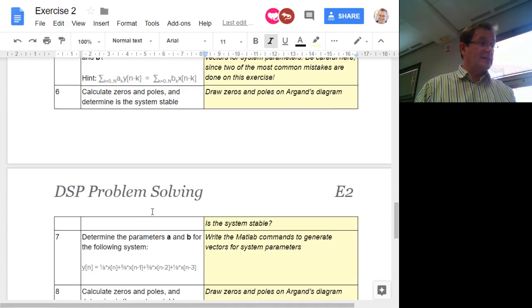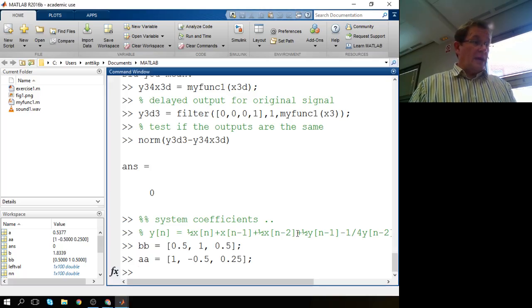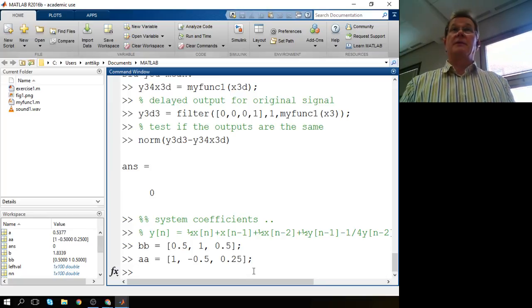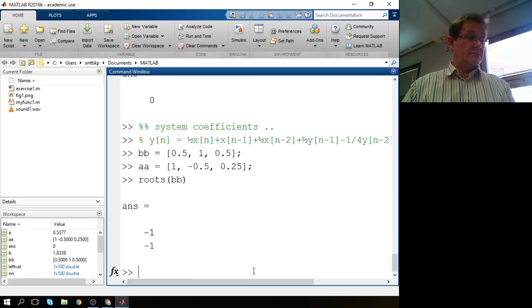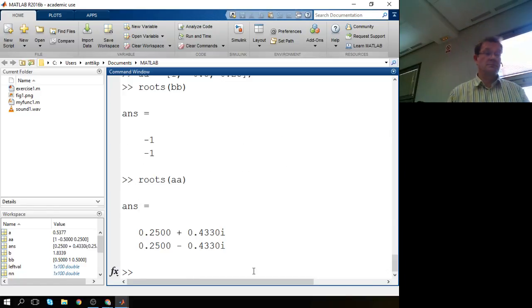System coefficients, calculate zeros and poles. We can do it by, for example, calculating the roots of the polynomial defined by coefficients b. So we have a double 0 at minus 1. Same thing for the roots of a.